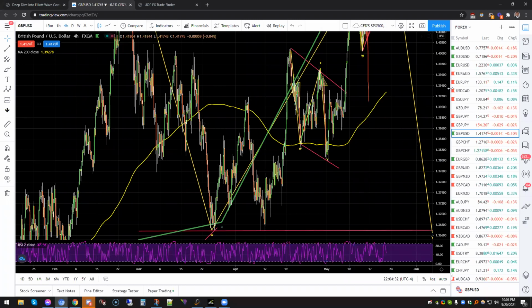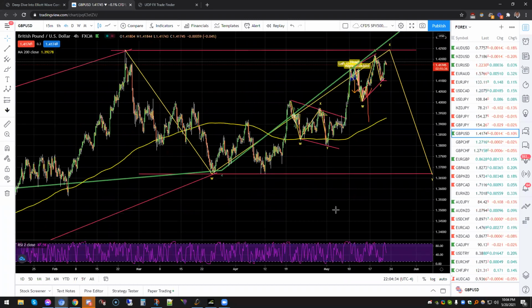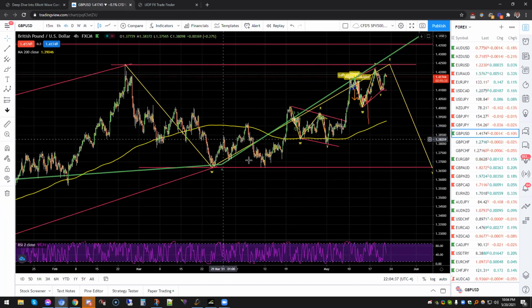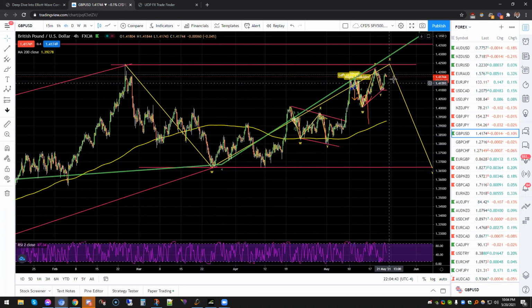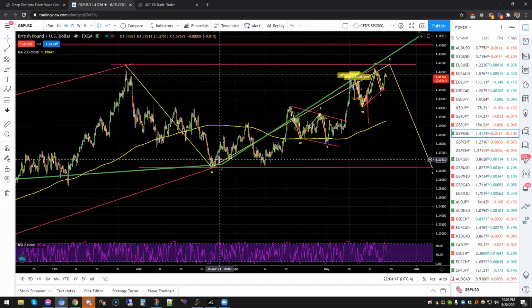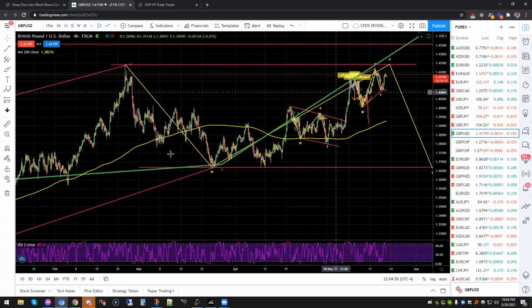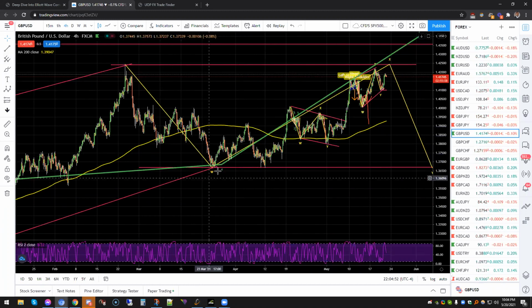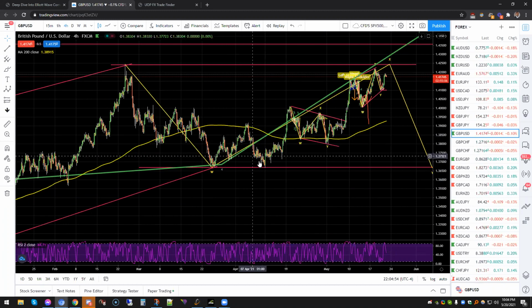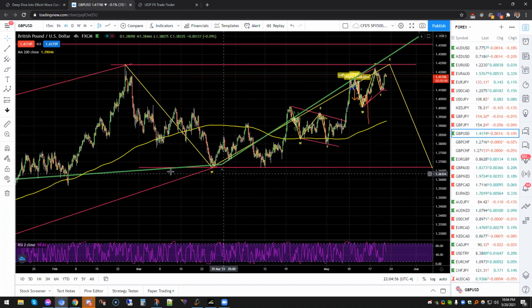Okay, so because we broke the low, this can't be 1. So from here, this is 1 wave to the upside. And because we broke the low here, this is just a corrective move to the upside. So this is going to be, let me see, 1, 2, and this is 5. So this is a 3, 3, 5.